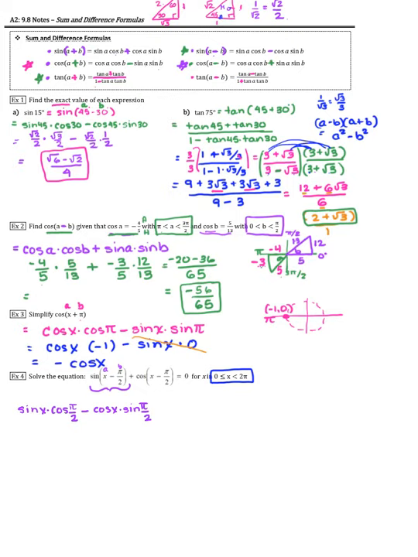I'll do them in different colors so we can differentiate. Then we have a plus, and we expand the cosine. So this one will be cosine x cosine pi over 2. And then since this is a minus, we're going to do a plus sine x sine pi over 2. And this all will be set equal to 0.